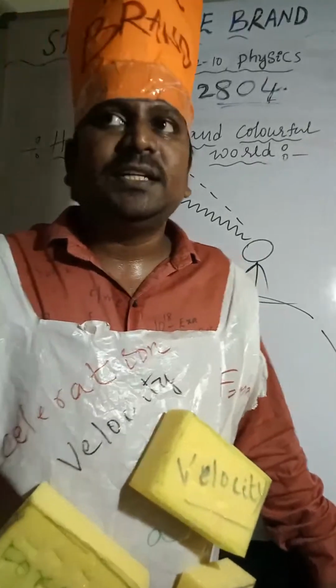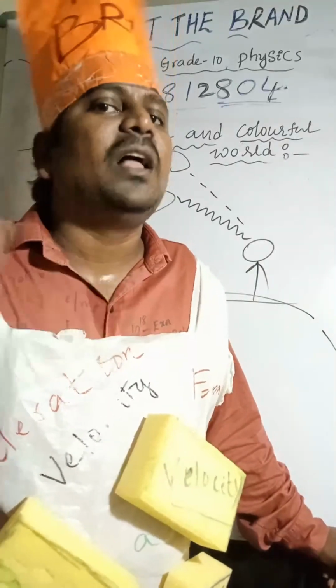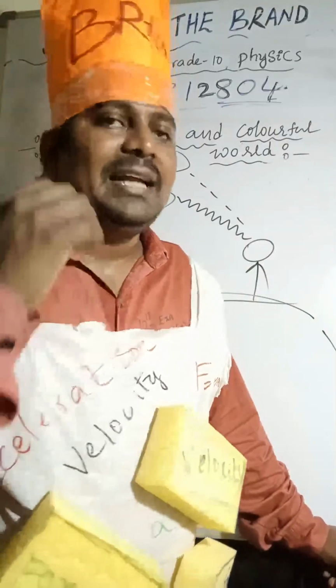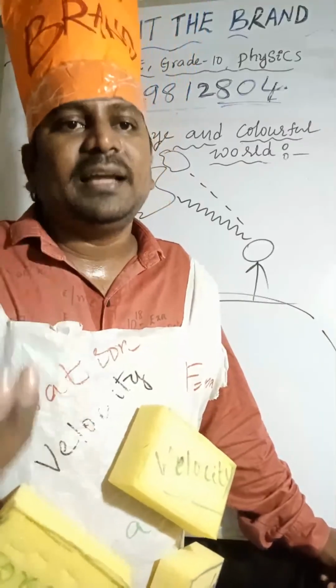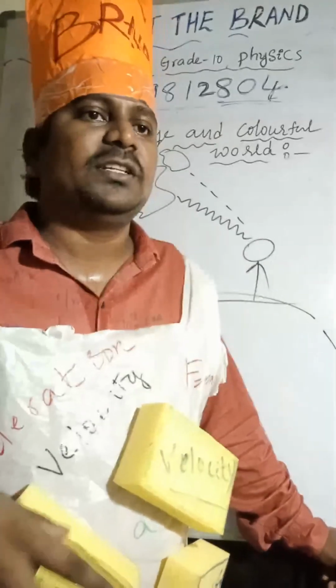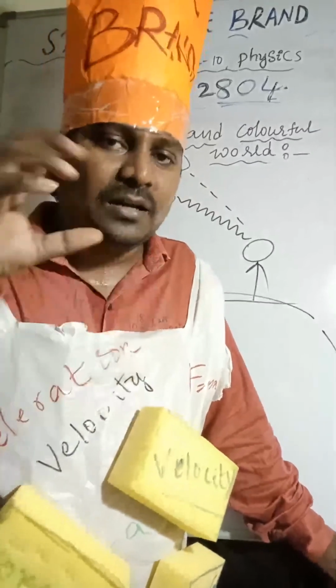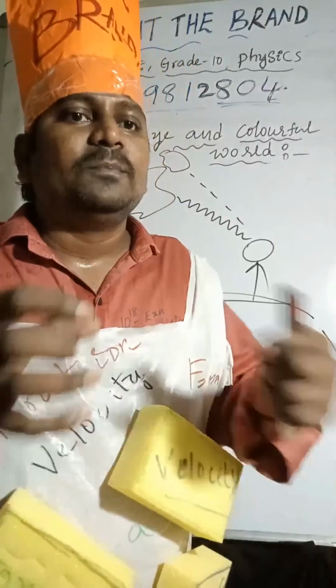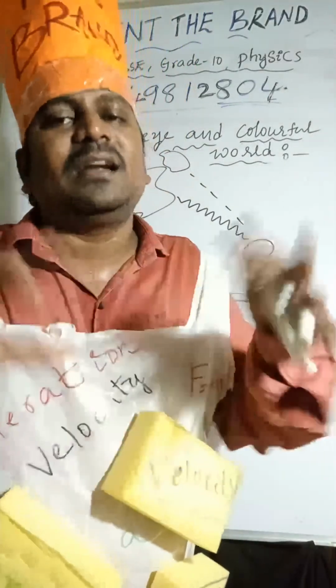Okay, so next one, Tyndall effect. The path of the light becomes visible when it is passing through a colloidal solution. A colloidal solution is a heterogeneous, mixed solution. Because of the colloidal particles present in the liquid, scattering of light takes place.